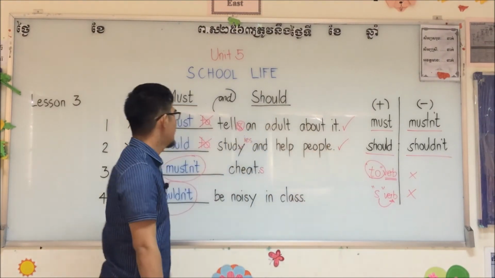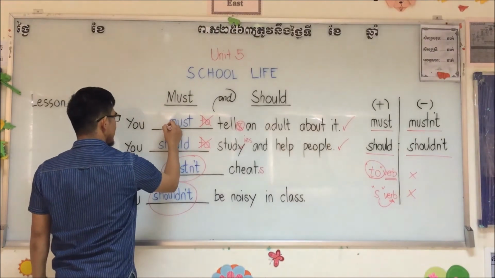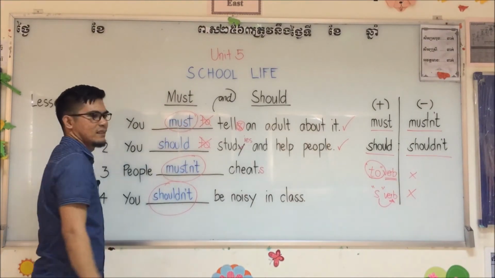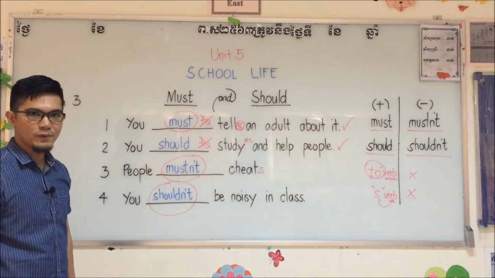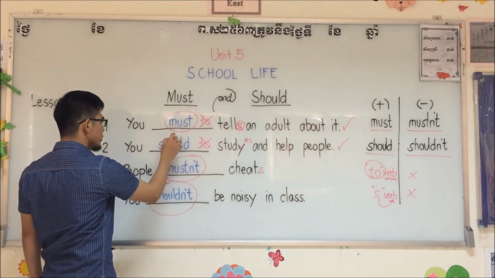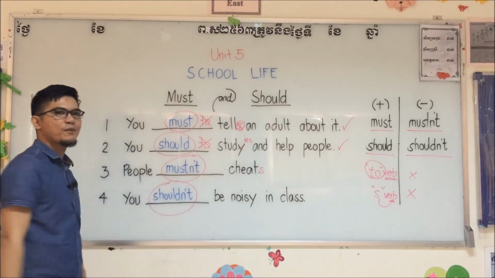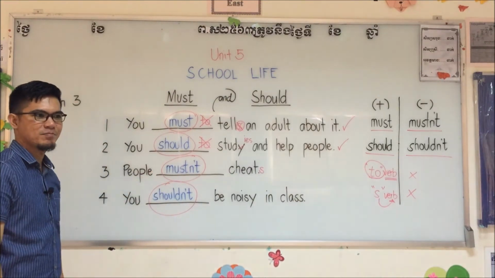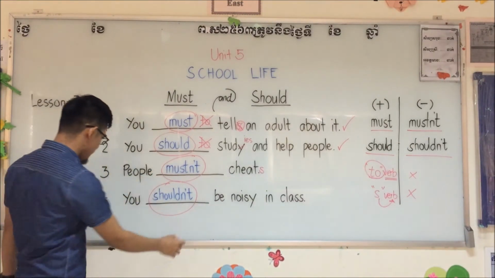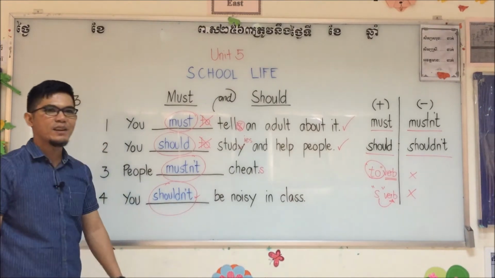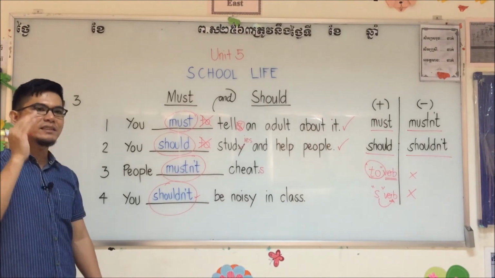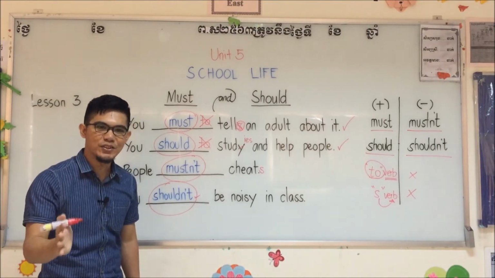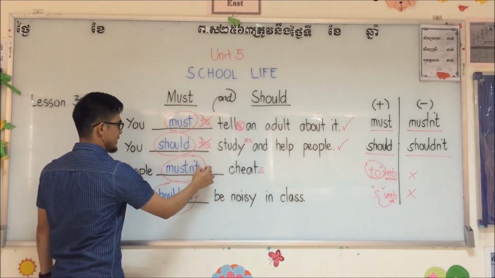For positive rules, we use must. For positive advice, we use should. For negative advice, we use shouldn't. And for strong obligations and rules that you are not allowed to do, we use mustn't.